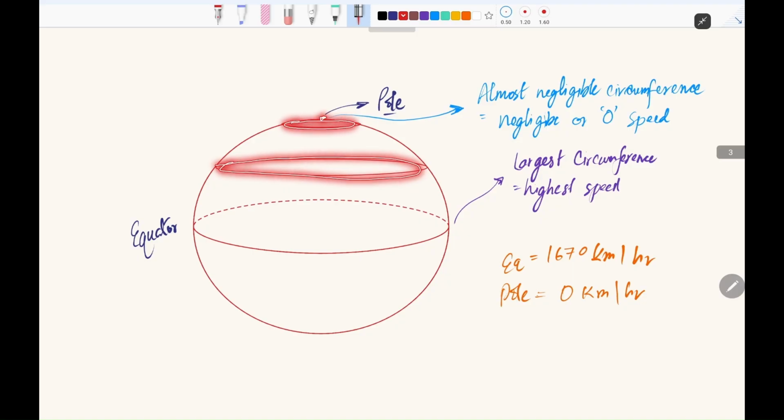The pole has the least or negligible circumference, hence it will have negligible or 0 linear speed of rotation. Factually also, we know that at the equator the linear speed of rotation of Earth is 1670 km per hour and at the poles it is 0 km per hour. And this difference in linear speed of rotation from the equator towards the poles causes the effect called the Coriolis effect.